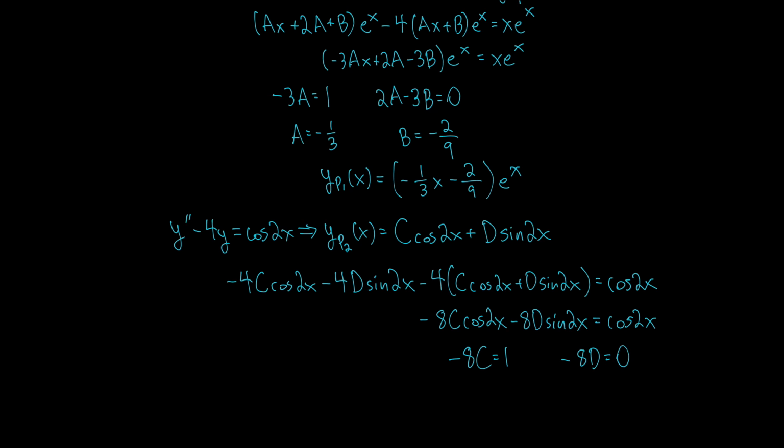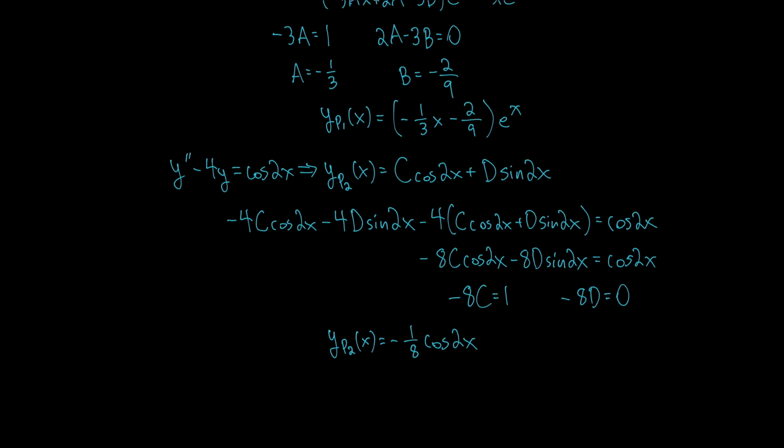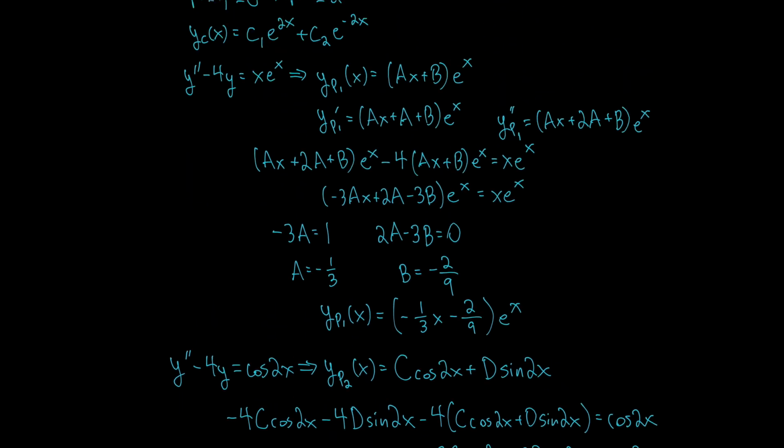So that means that our particular solution, yp2, should be -1/8 cosine 2x. So now I think we have enough that we can write our solution to the entire equation. What we'll do is we'll use the principle of superposition, which says that we can take yp1 and yp2, add them together. The sum of those particular solutions will be a solution to the sum.